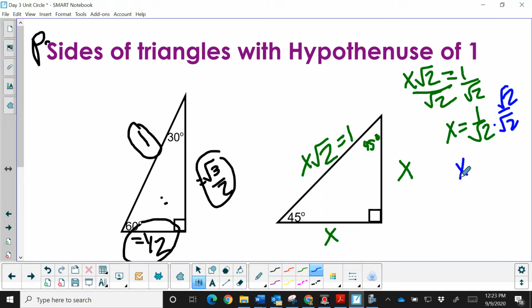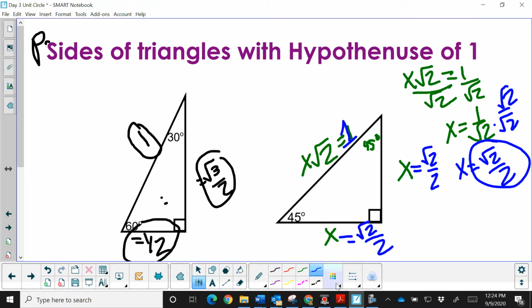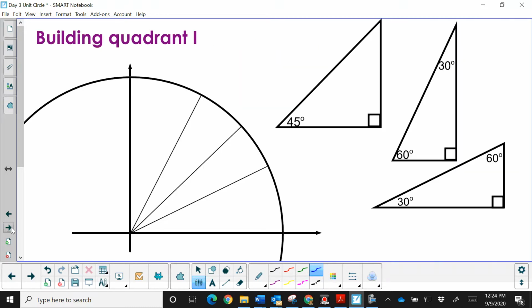And that means x is equal to the square root of 2 over 2. Now, those are the two legs you're going to have to memorize. So if the hypotenuse is 1, each leg measures the square root of 2 over 2. So these are the two triangles that you need to know very, very well as we work the unit circle.